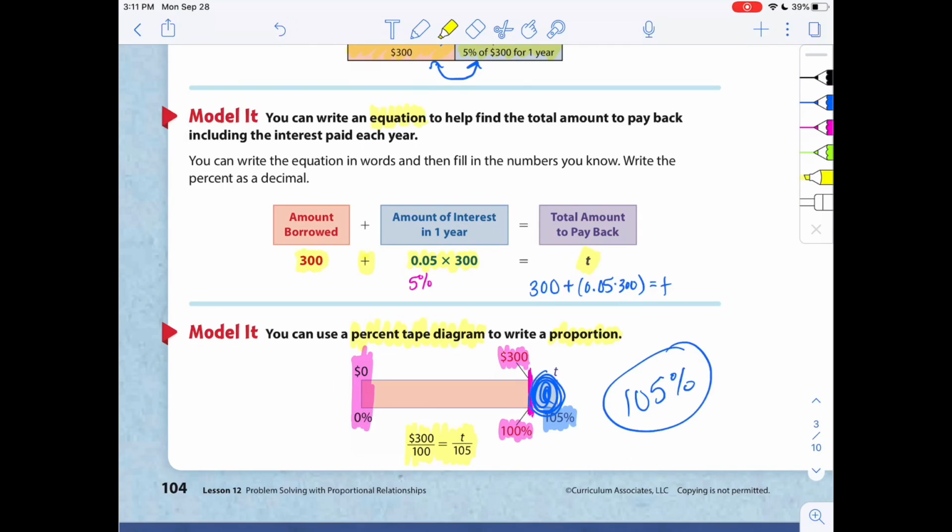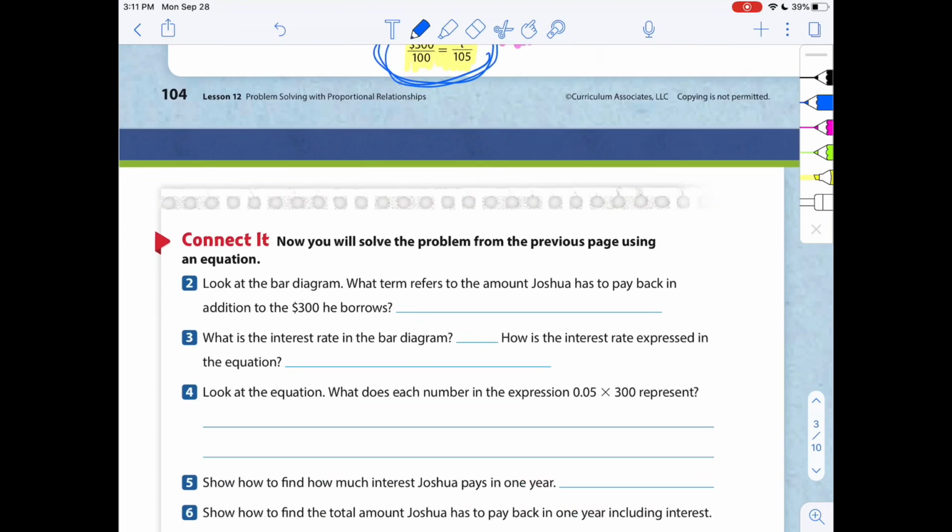But then remember, we don't know that total amount to pay back, so we use the letter T. So this is an example of how we can set up a proportion and solve it to figure out how much we would pay back. And we'll look a little bit more in depth at solving that in a few minutes. Let's take a look at our next page and answer a few questions to help us understand these diagrams more.